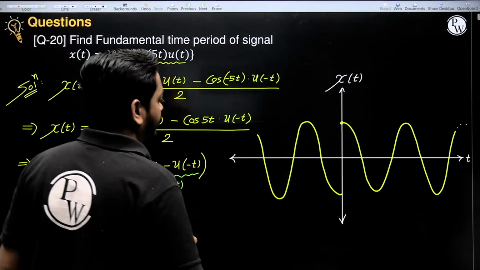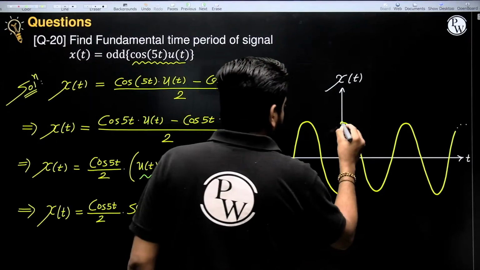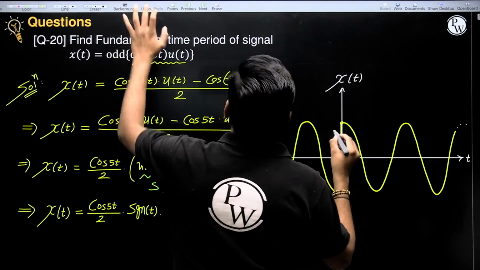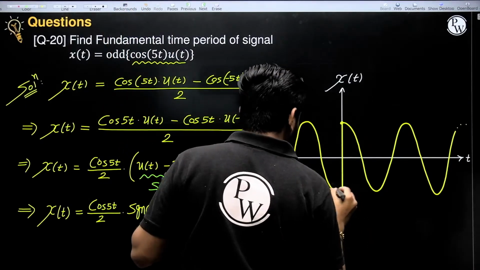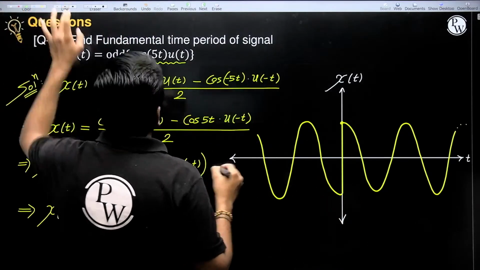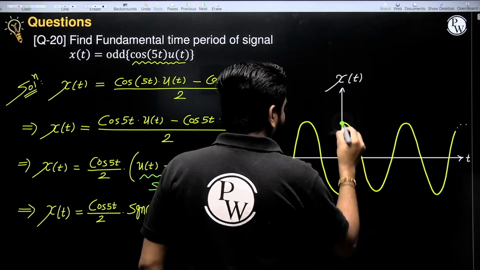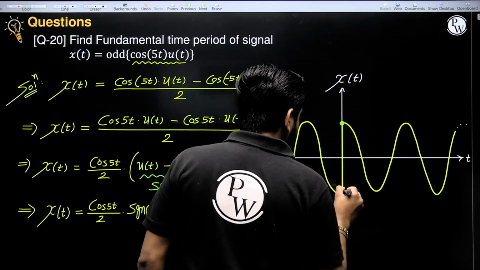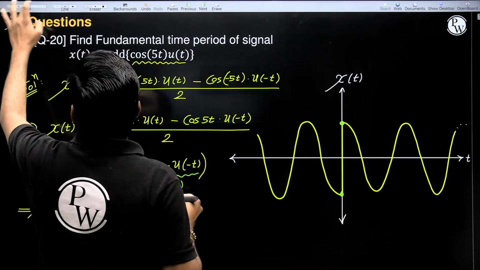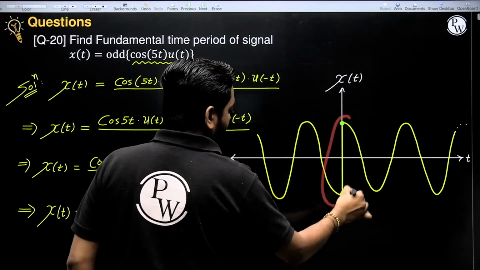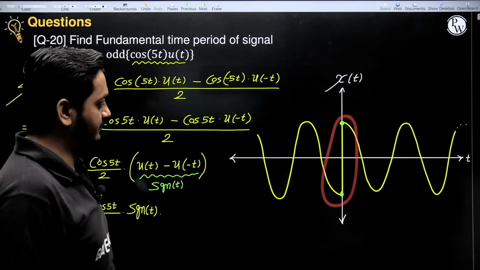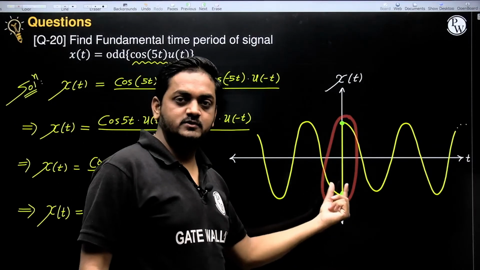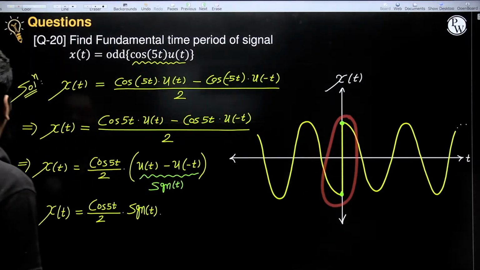Correct, amplitude reversal. Now tell me, check whether this is periodic or aperiodic. Check the pattern at origin. At origin, it breaks the periodicity. Here you can see it breaks the periodicity at origin. So that's why this is an aperiodic signal.